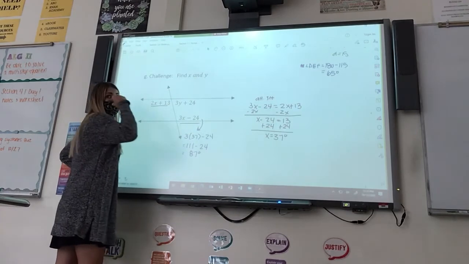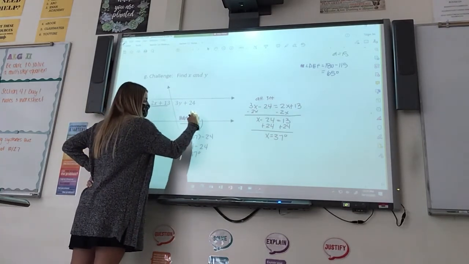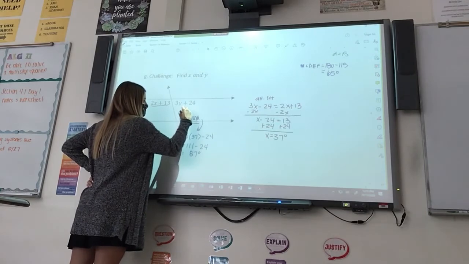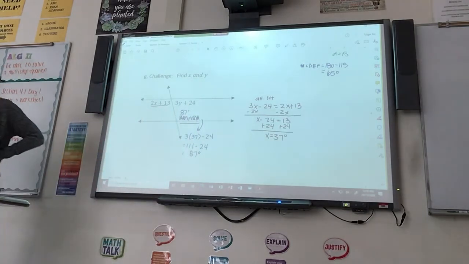Okay, so we don't care about this 3x minus 24 anymore. We know that this angle is 87 degrees. We just found that out by plugging in for x.